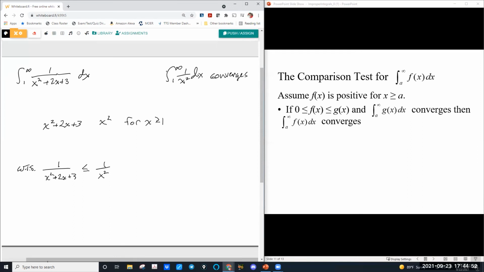Which side is bigger for x greater than or equal to 1, left or the right? You can put an L or R in the chat if you want. Which side's bigger as long as we know x is greater than or equal to 1? Yep.